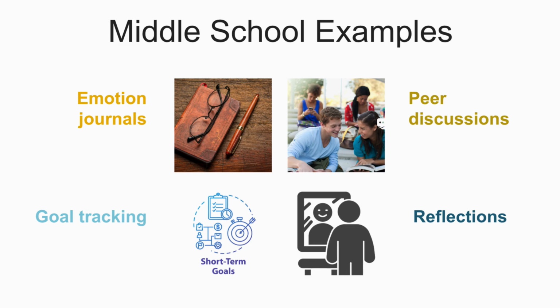Middle school, you can have emotion journals, goal tracking, short-term goals. We're not talking year-long goals. Break it down into quarters, break it down into semesters, break it down into weeks if you have to. Get them started somewhere and they can grow accordingly. You don't start off as this big old oak tree. No, you start off as a little seed.